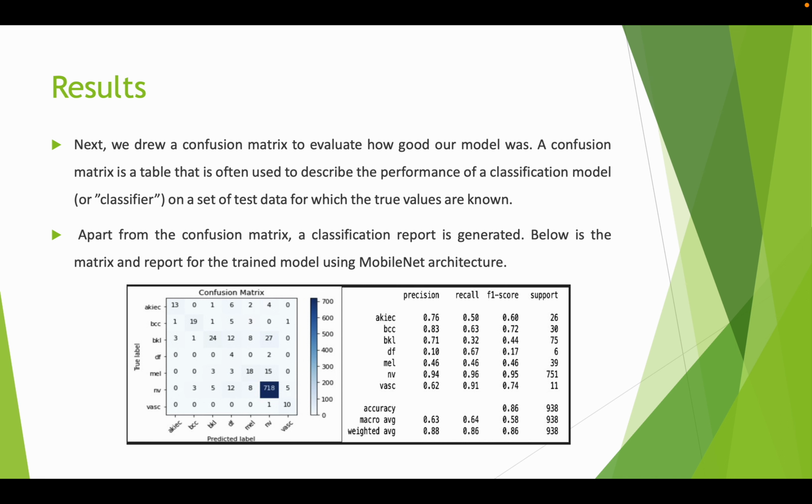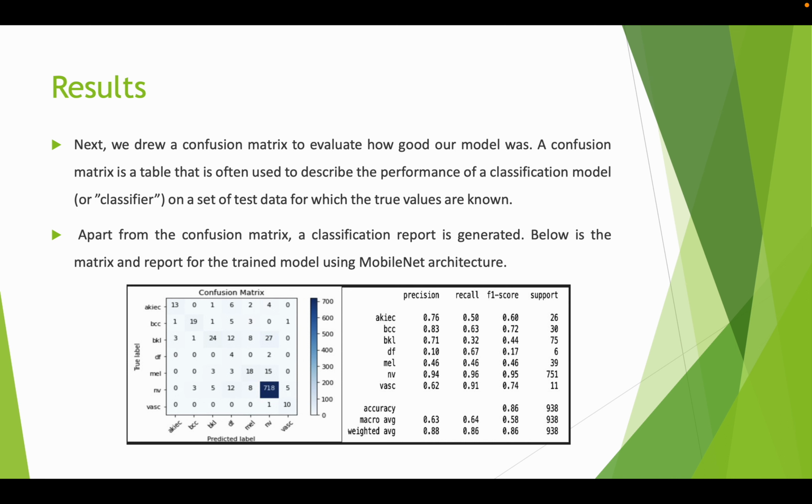Next we drew a confusion matrix to evaluate how good our model was. Since this is a classification problem, a confusion matrix is very necessary to see how good our model is. As you can see in the confusion matrix, the diagonal elements refer to the correct classification. Most of the diseases are correctly classified.